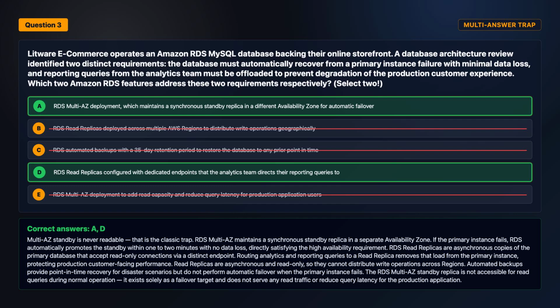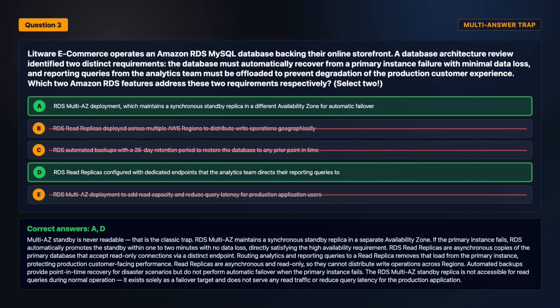RDS read replicas are asynchronous copies of the primary database that accept read-only connections via a distinct endpoint. Routing analytics and reporting queries to a read replica removes that load from the primary instance, protecting production customer-facing performance. Read replicas are asynchronous and read-only, so they cannot distribute write operations across regions.